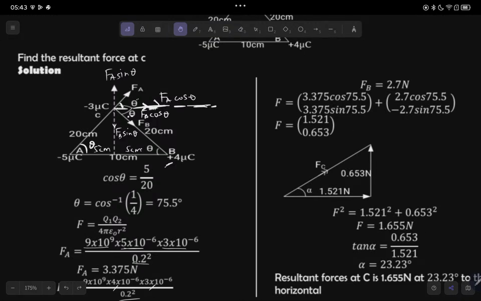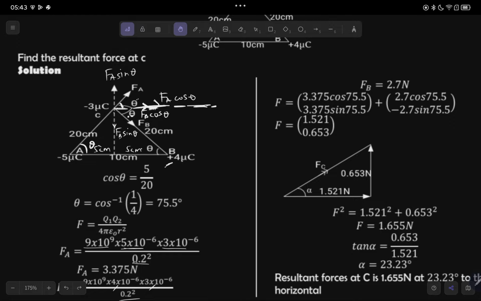As we said before, since these two forces are not entirely horizontal or vertical, we are going to consider their components. We have already shown their resolution on the diagram. As we said, for the horizontal, whatever is towards the right is positive, whatever is towards the left is negative. For the vertical, whatever is upward is positive, whatever is downward is negative.